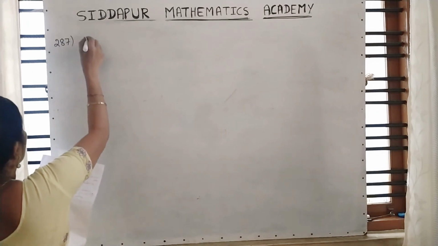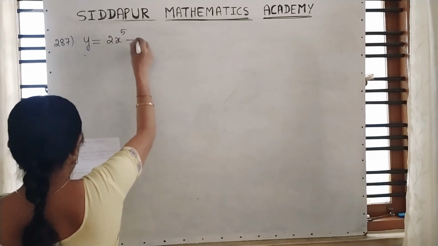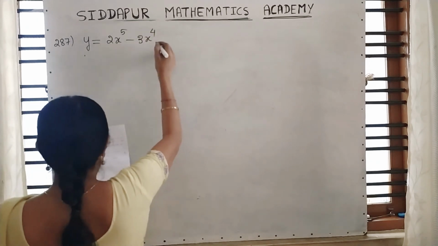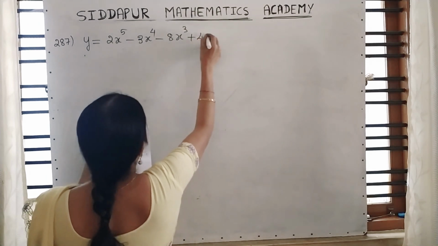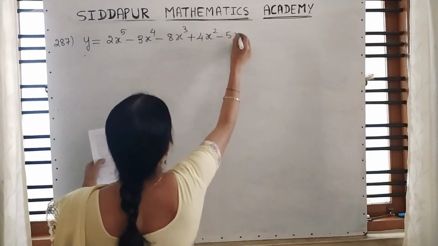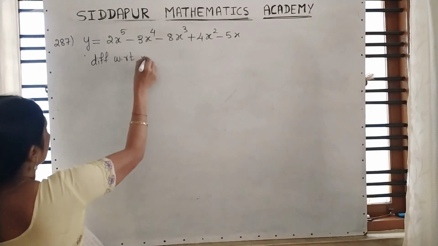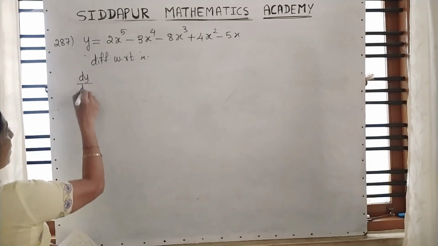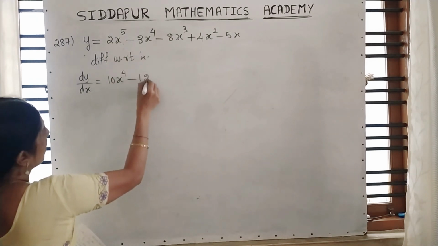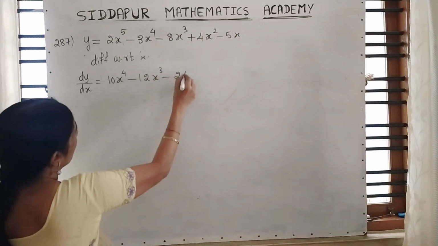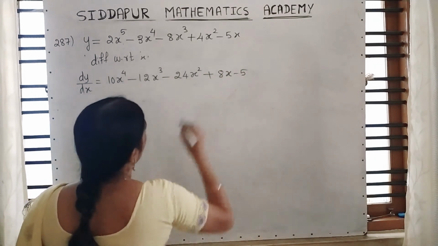87, y is equal to 2 into x raised to 5 minus 3 into x raised to 4 minus 8x cube plus 4x square minus 5x. See, one time differentiation, differentiating with respect to x, dy upon dx. 2x raised to 5 is 10x raised to 4 minus 12x cube minus 24x square plus 8x minus 5.